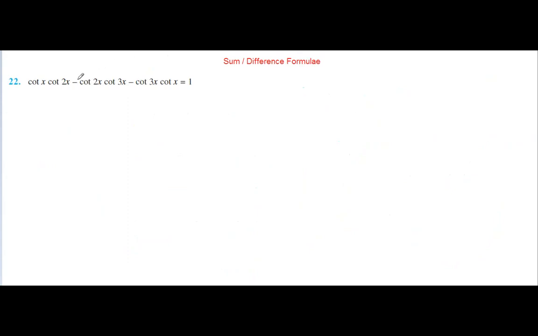Within exercise 3.3 which we are doing, there are more questions based on other formulae which we'll be doing tomorrow. But up to the sum and difference formulae, this is the last problem. From in between, I have taken problem number 22. Other problems are based on some more formulae we will be doing.